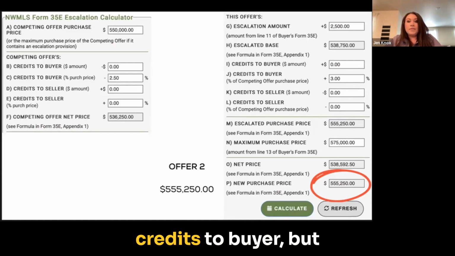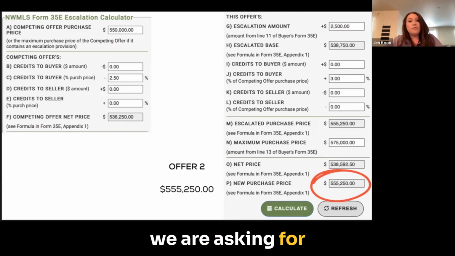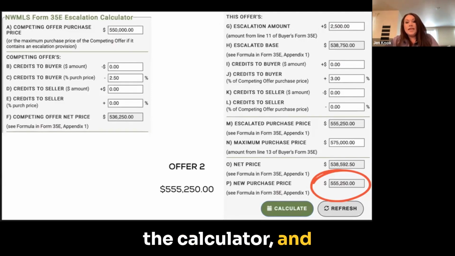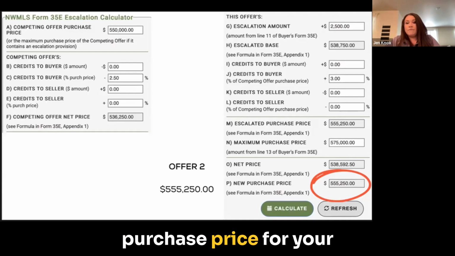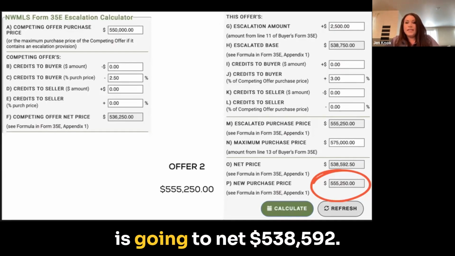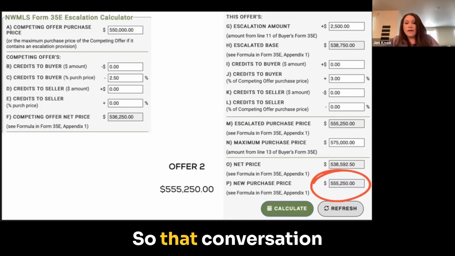Now, there are no credits to buyer, but we are asking for 3% instead of 2% for buyer compensation. So that gets put into the calculator. And then you have your escalated purchase price for your competing offer at 555, and now the seller is going to net 538,590. So that conversation is something that you have with your seller.